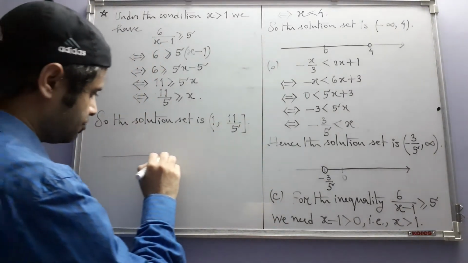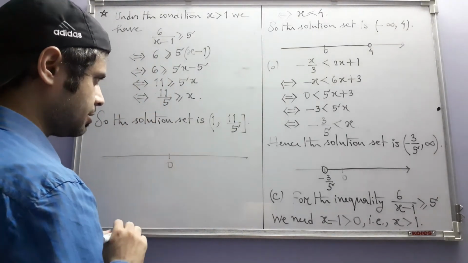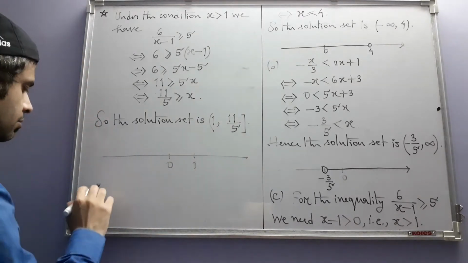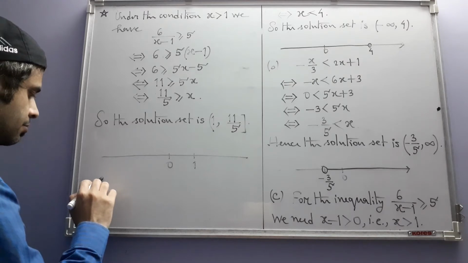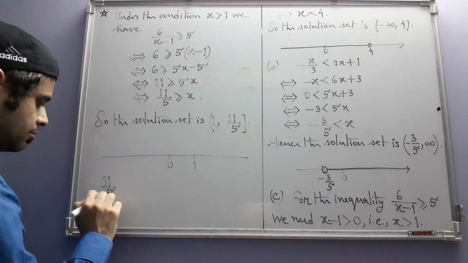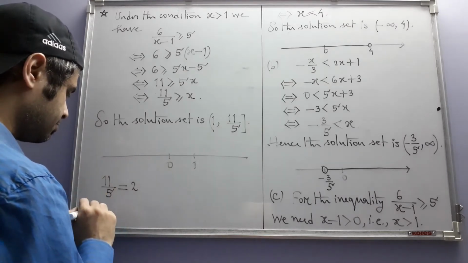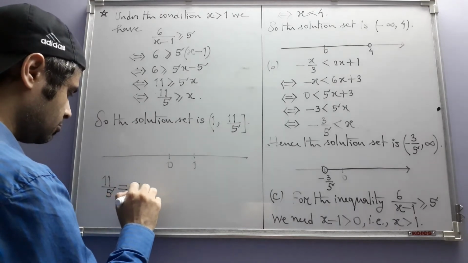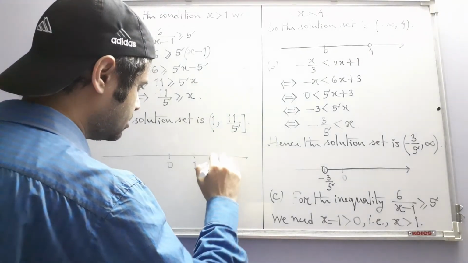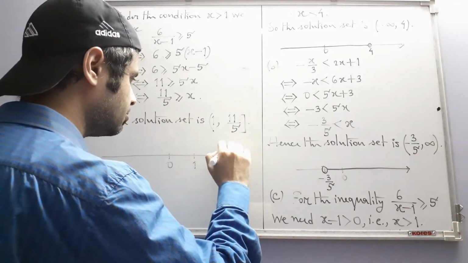And if we draw the solution set on the real line, this is say 0, this is 1. So this will be how much? 11 divided by 5 is 2.2. So if this is 2, then here somewhere we will have 2.2.